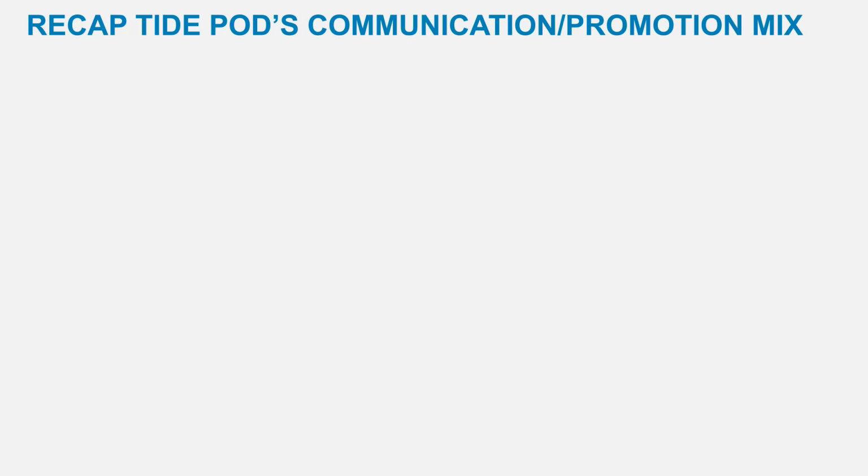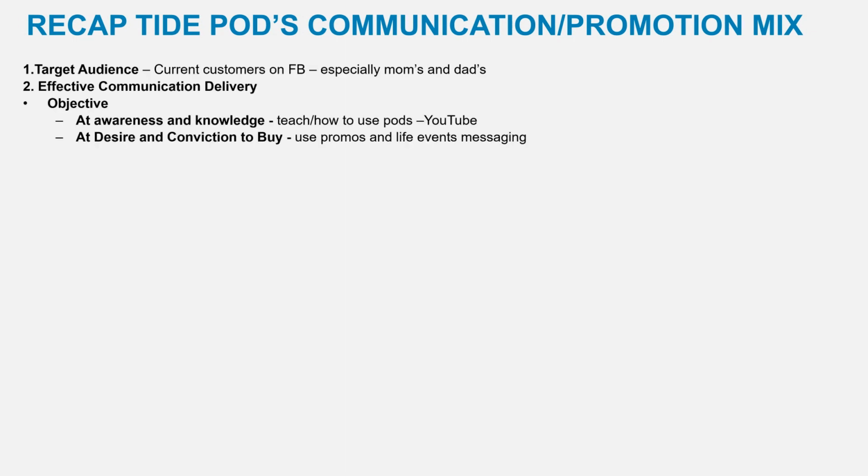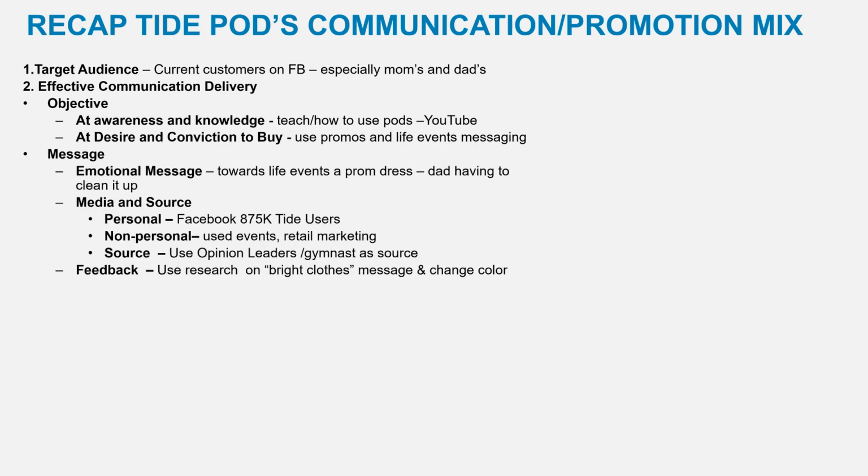So let's recap all of Tide's decisions and what they did. So the target audience was their current customers on Facebook, especially moms and dads. They focused on an effective communication and delivery method. Their objectives were to create awareness and knowledge and to teach people how to use the pods, and they used YouTube.